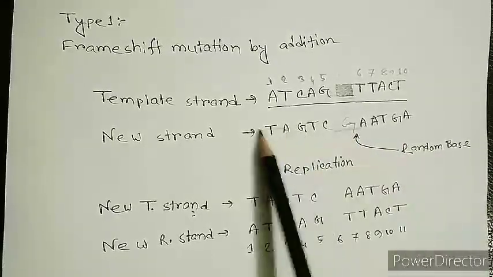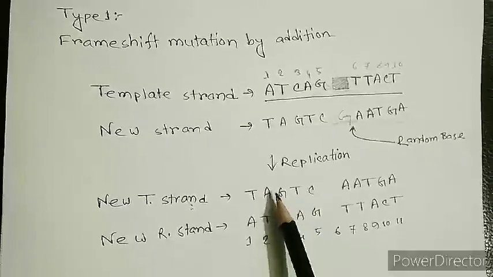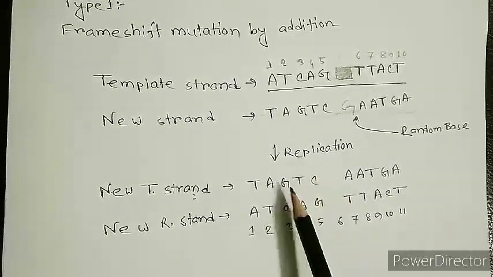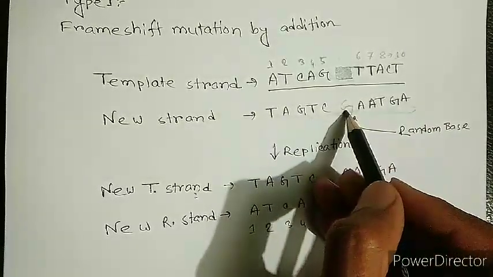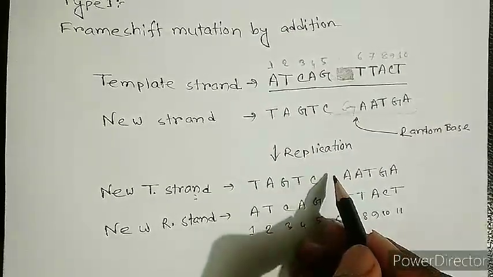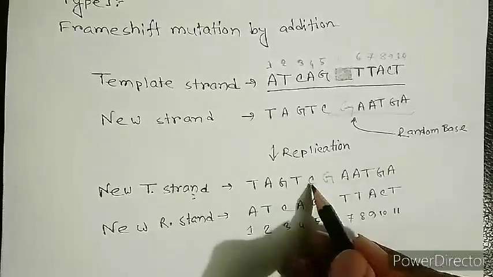Now when this new strand goes into replication, this becomes the template strand. In this step we saw this G entered between C and A.